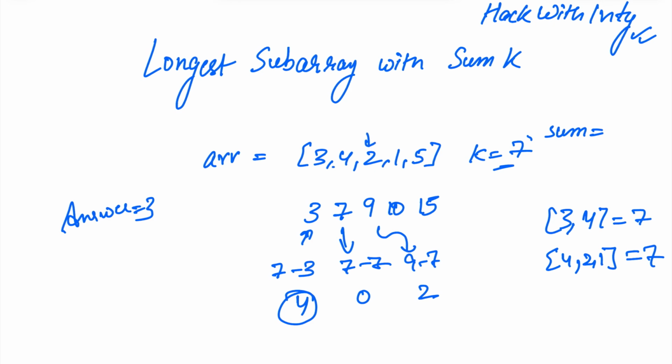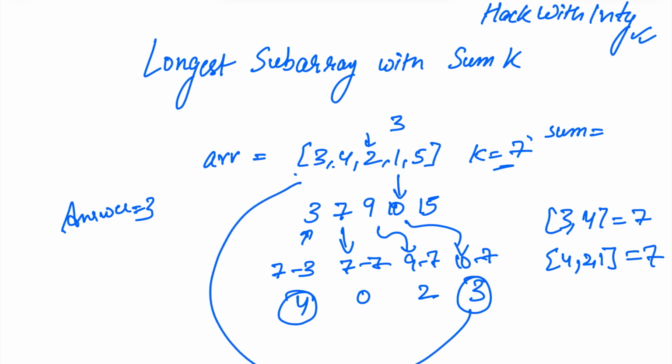So the answer is no. But when we are at 10, that means we are at the third position, we do 10 minus 7 and we get 3. And 3 we have seen in the array, and the 3 appears at the 0th location. So we can say that the index 3 minus 0 is 3, and 3 is our longest subarray with sum k.